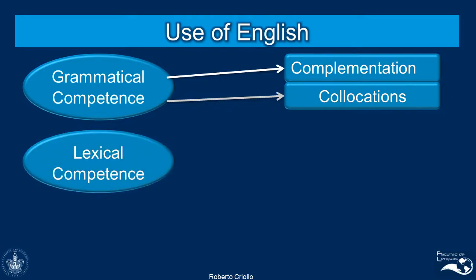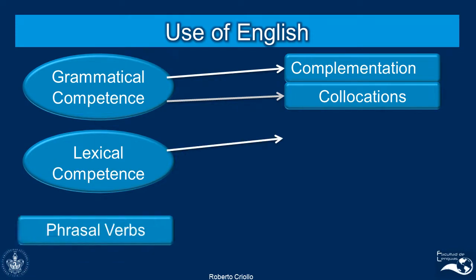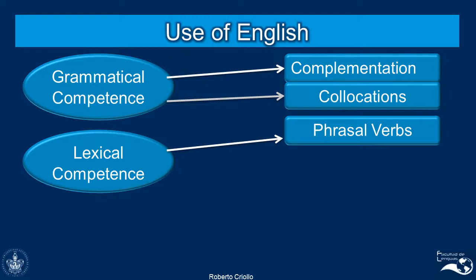Now, a second element that is assessed is lexical competence, and in this case, of course, they will assess your knowledge of multi-word or phrasal verbs, right? All of those: to go, to fall into, to bump into, to call out, to call off, and things like that.